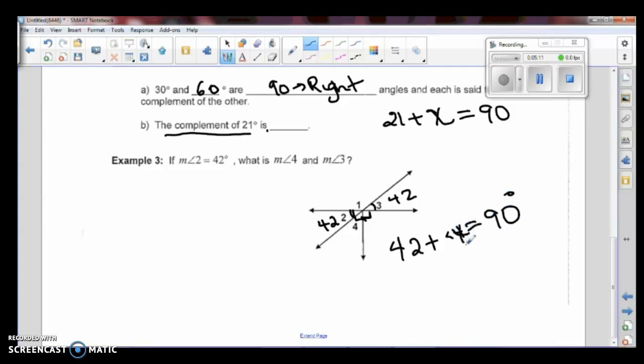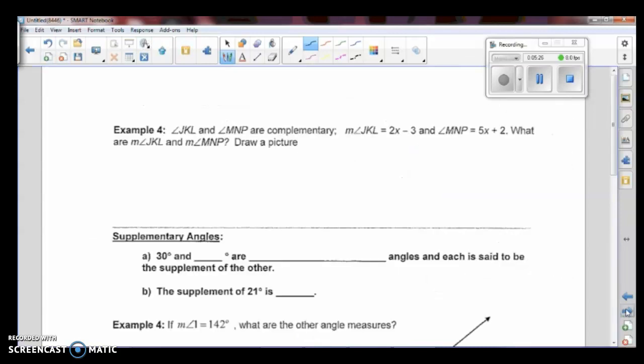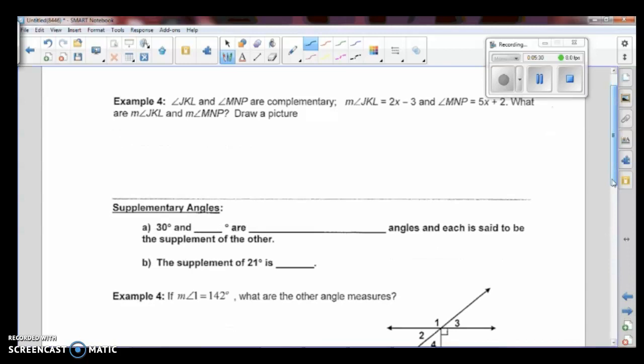The reason is because if two angles are next to each other and they're on a line, then if one of them is 90, the other one has to be 90 as well. So then when we solve for the measure of angle 4, we should get 48. Okay, moving on. We're going through this really quick.